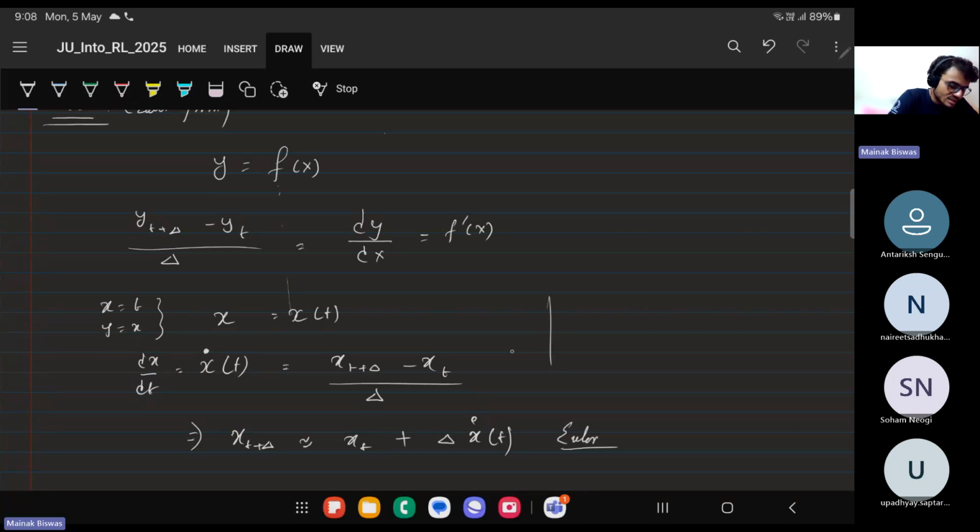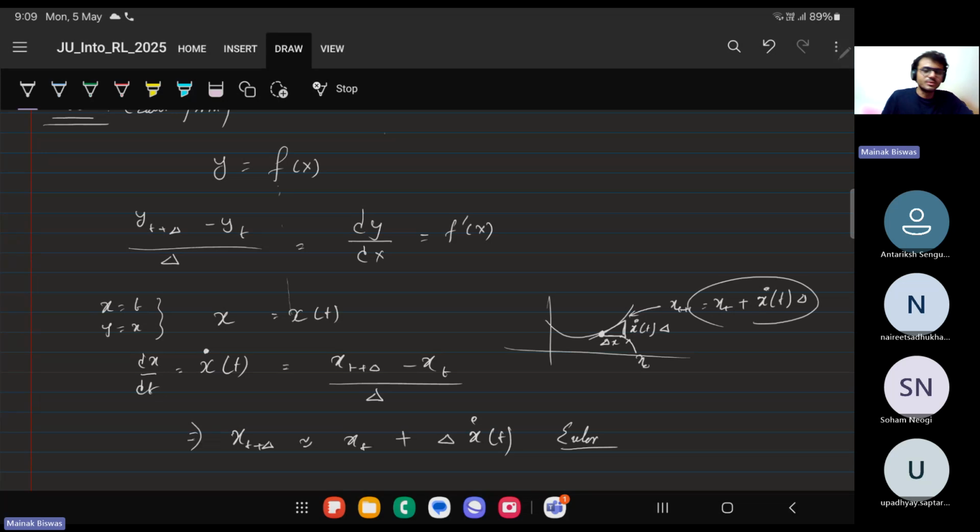The Euler form we discussed that time is that if you have a point here, you go delta along x, and you multiply the tangent at that point with delta. This was your x(t). This x(t+1) would be x(t) plus x dot t of delta.